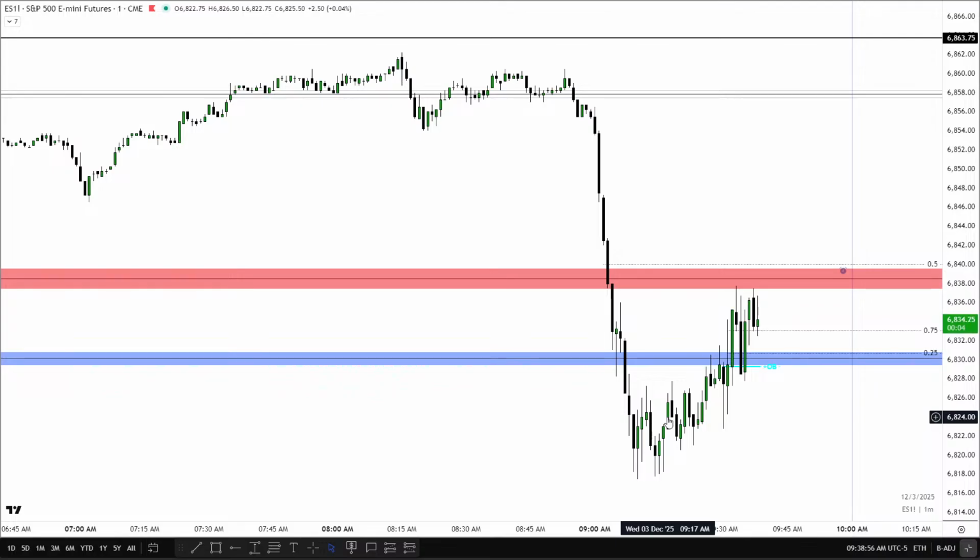So if you go to ICT mentorship episodes 3 and 4, talking about internal range liquidity, at the open I'm just following a standard procedure of measuring every... I'm trying to find the best word.